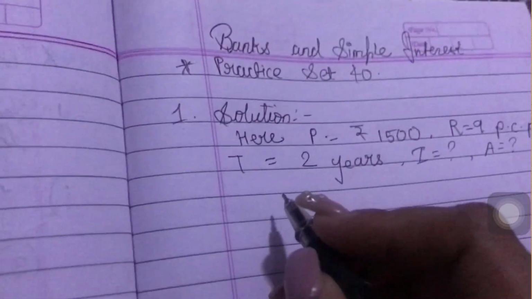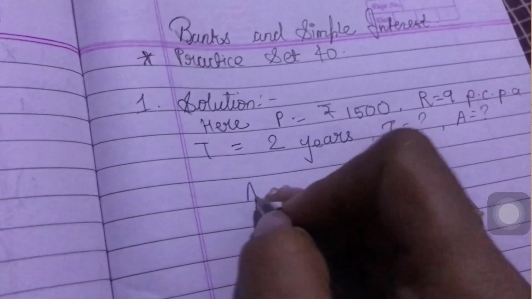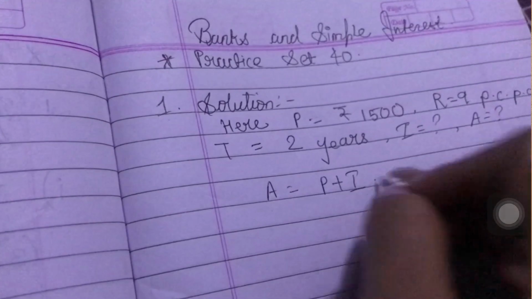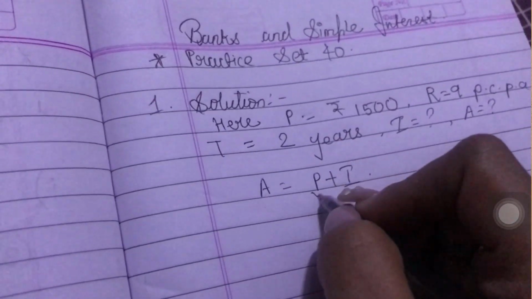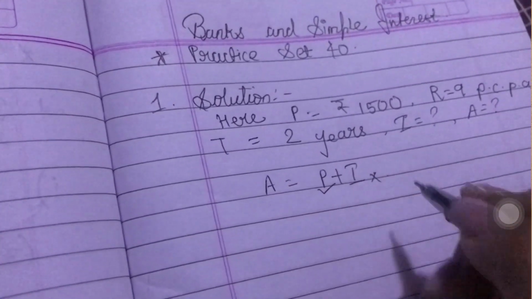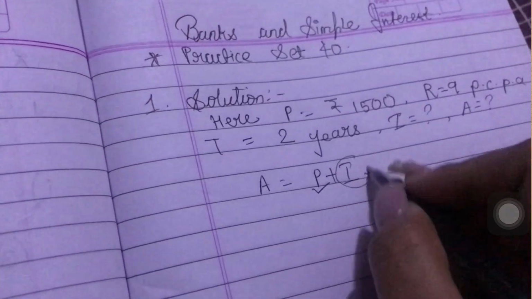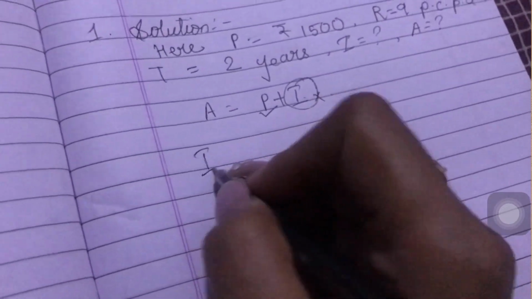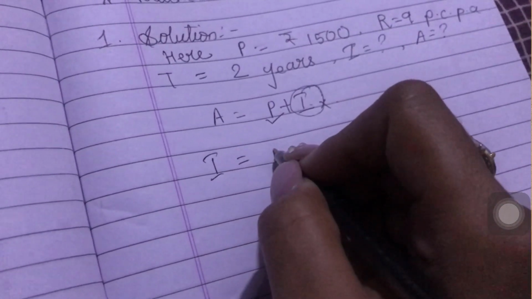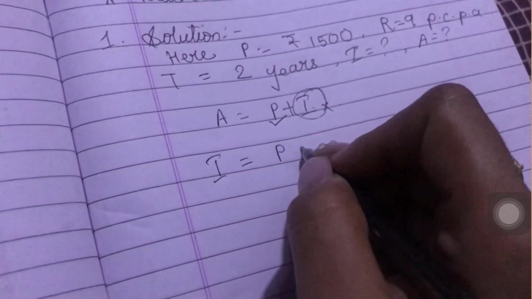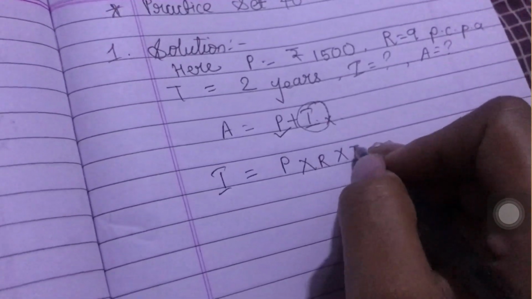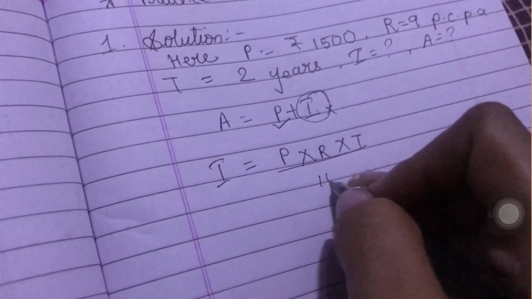Understood, student? See, once again I am writing, for amount the formula is principal plus interest. We have principal but we don't have interest, so first we are going to take out this interest. So interest is equal to, what is the formula for interest? P into R into T upon 100.